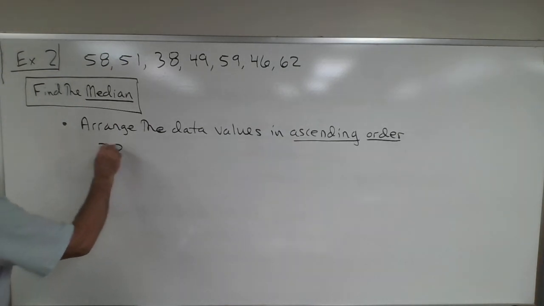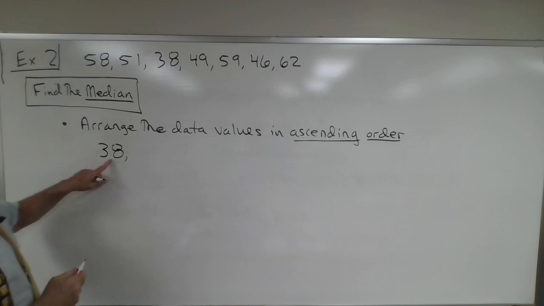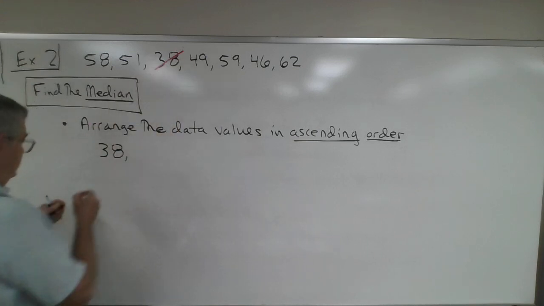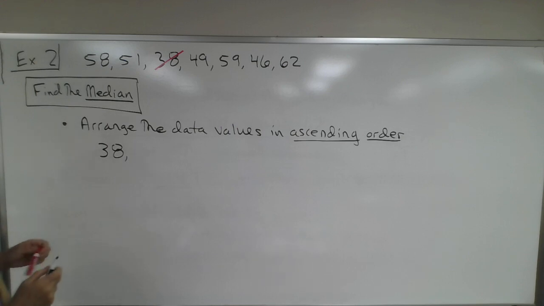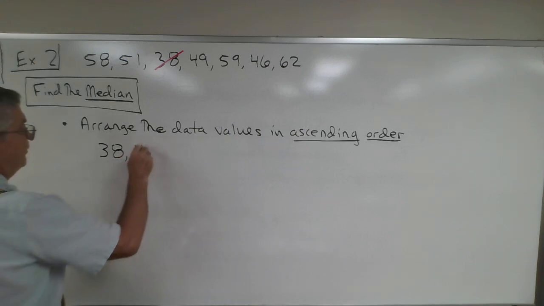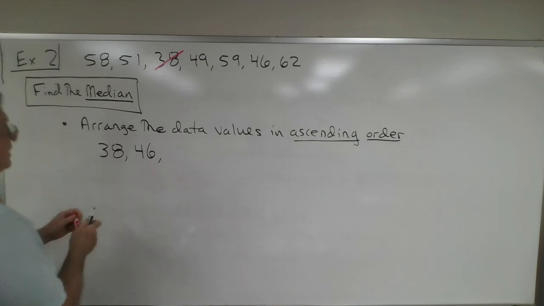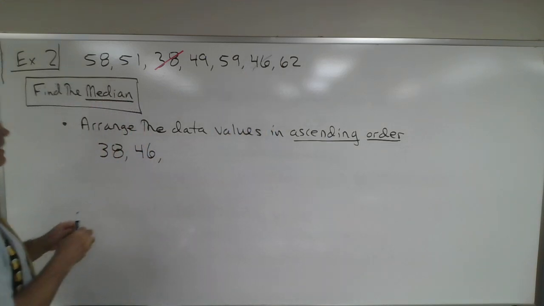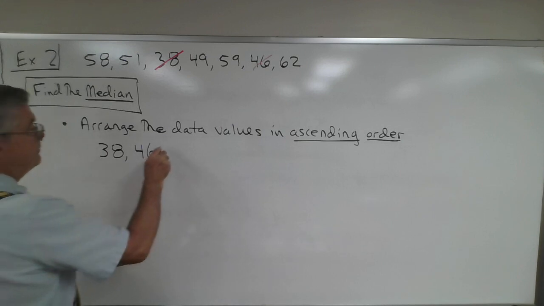And you know what? As soon as I write a data value on this list, I'm going to cross it out. 38. What is next? It looks like 46. Okay. Bye-bye 46. And then 49.